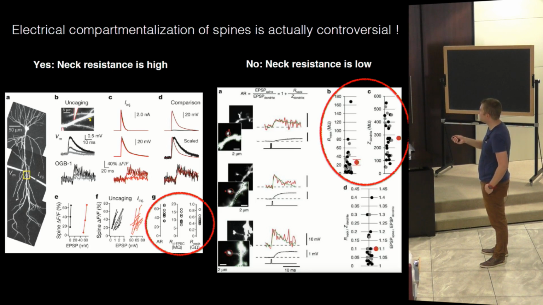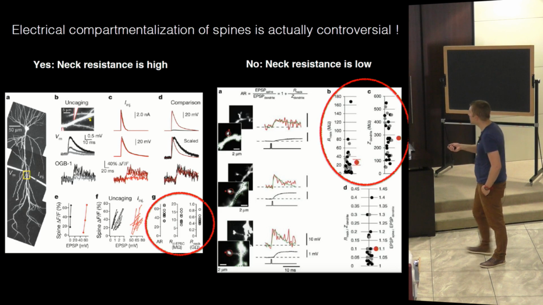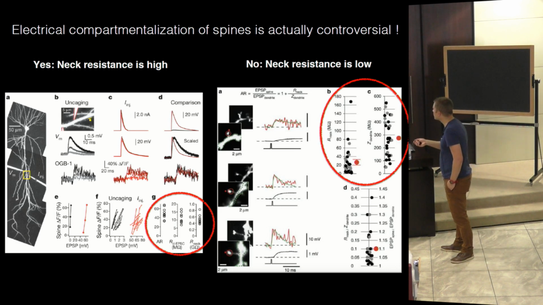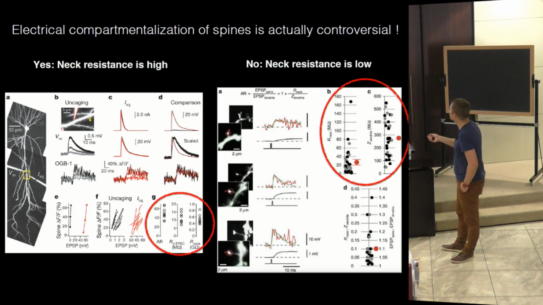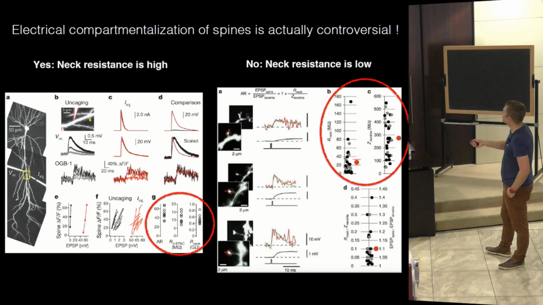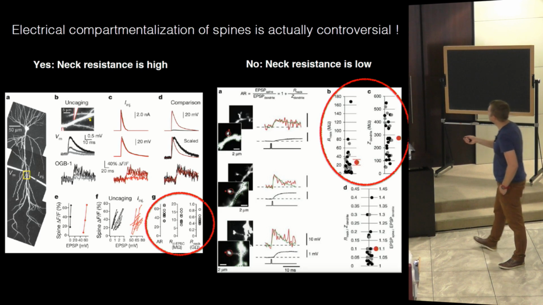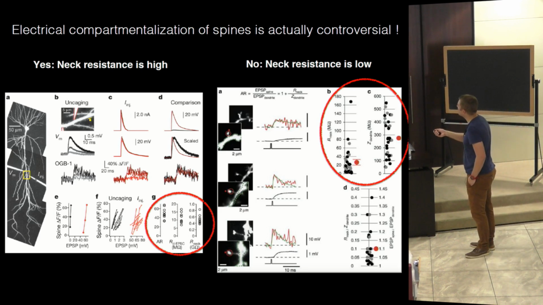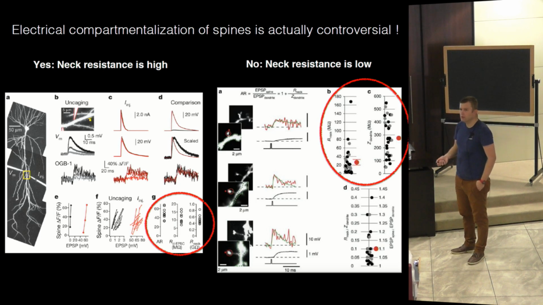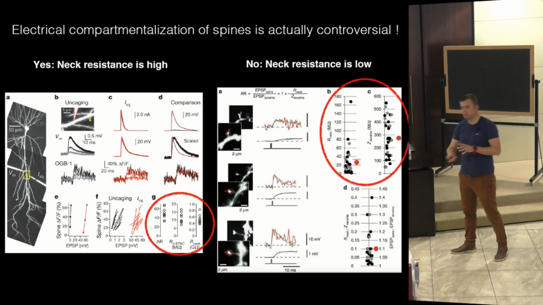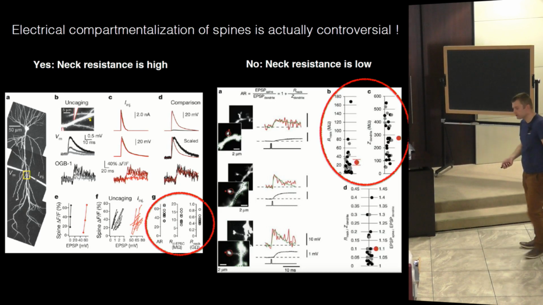This paper shows that the neck resistance is high, almost a gigaohm, like 600 megaohms. And in this paper, they say the neck resistance is around 30 to 40 megaohms. So there is a big discrepancy between the values that you can find in the literature.